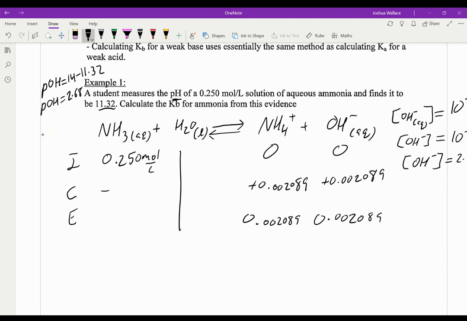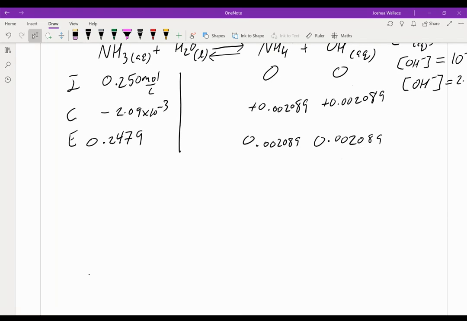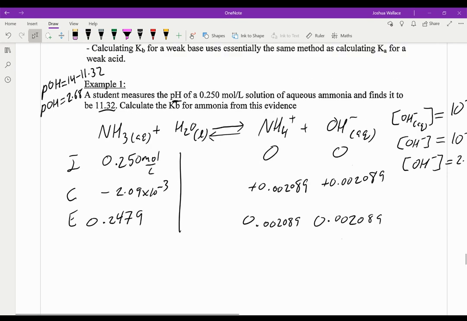This will be subtract 2.09 times 10 to the negative 3, and that's going to give me 0.2479. That's just giving me my concentrations at equilibrium for this reaction, since I know my pH at equilibrium and my initial concentration.